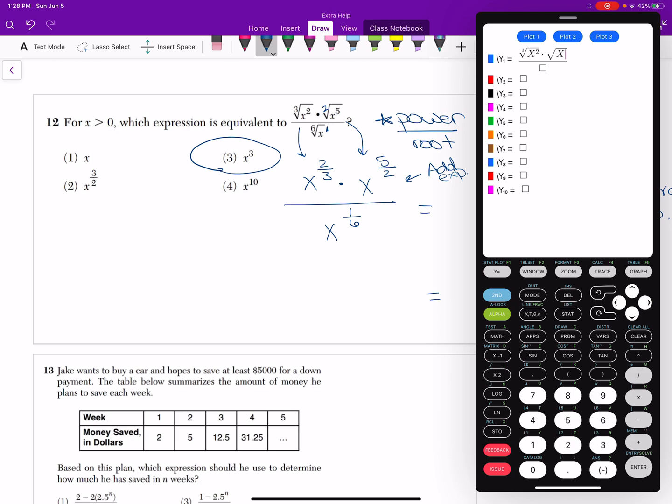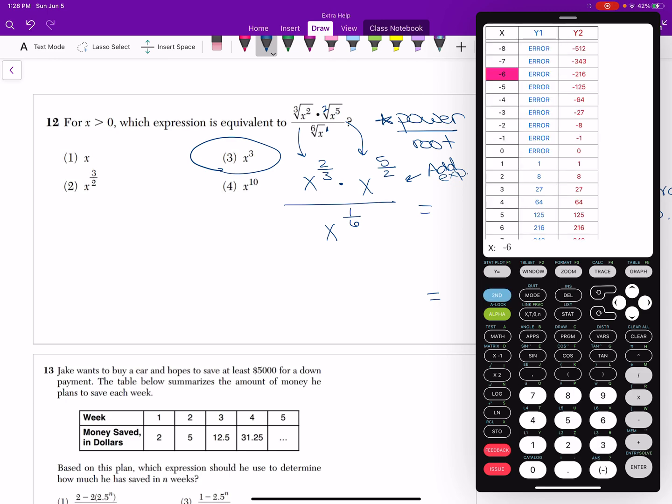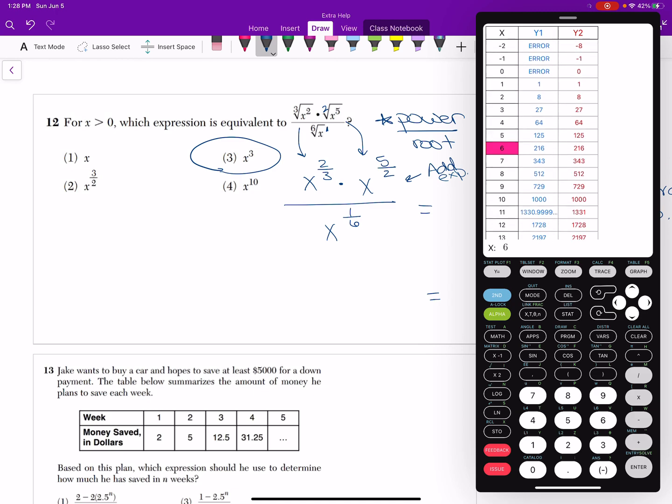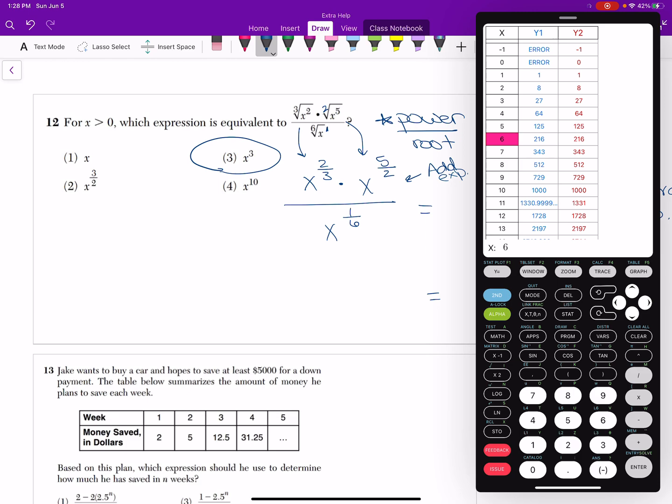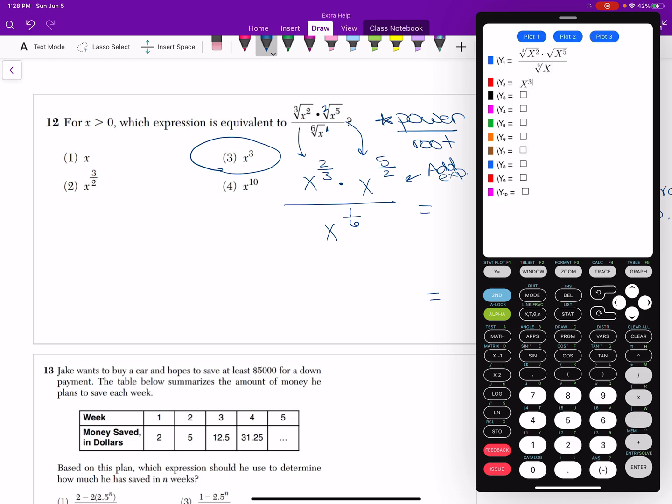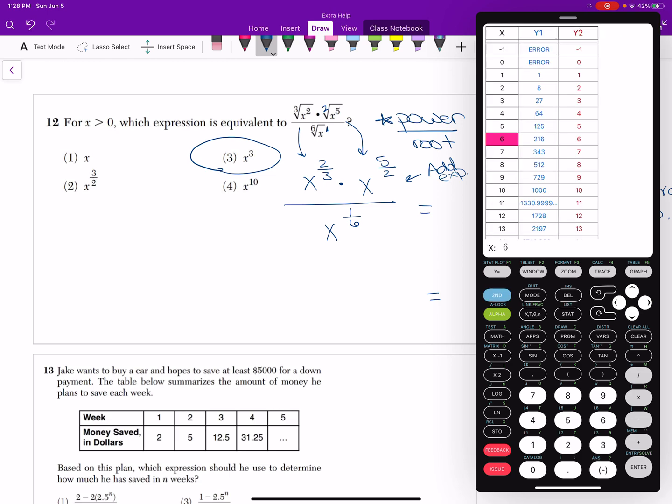Radical x to the 5th over the 6th root of x, and then plug the answer choices in. If I plug the right one, x cubed, my tables after the error messages do match. Whereas if I plug in the others, let's say just x for the first one, those tables definitely do not match.